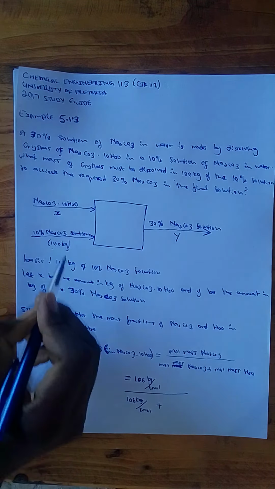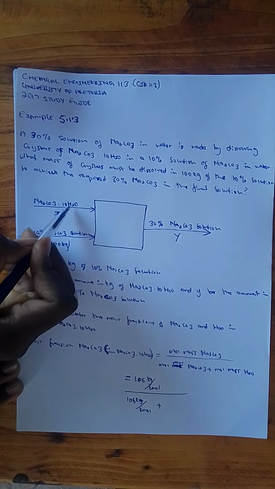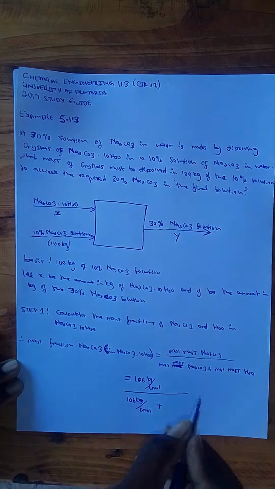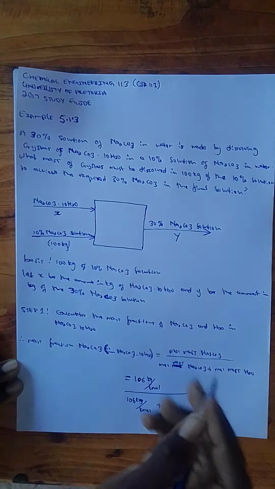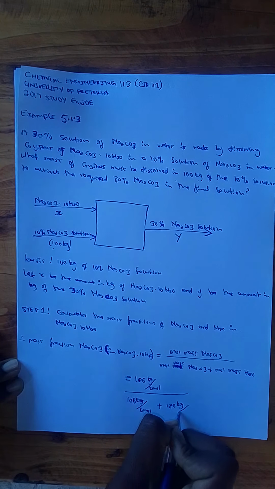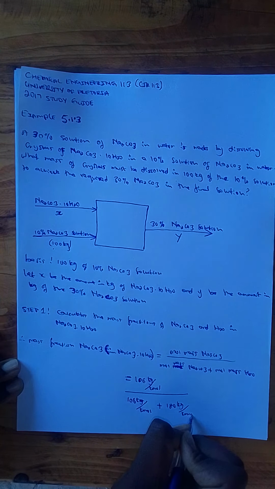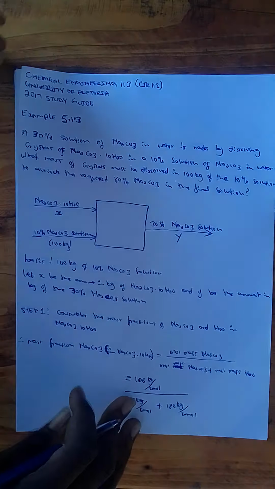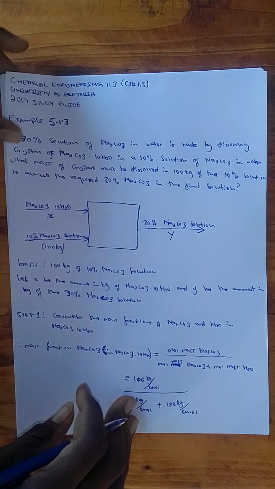But remember, the water here is not just H2O, it's actually 10 times that, so it becomes 18 times 10, which is 180 kilograms per kilomole.